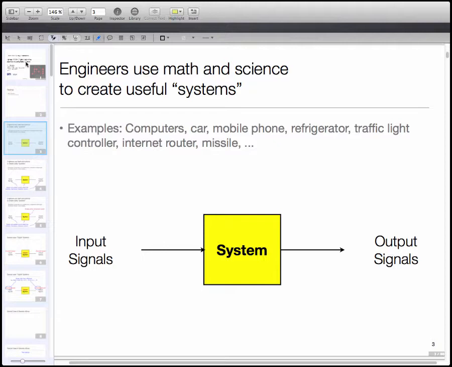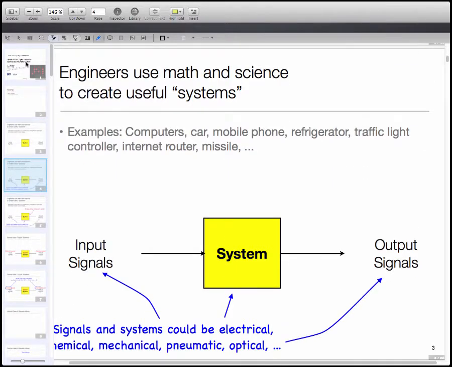Civil engineers do a different thing than computer engineers, than mechanical engineers, and so on. The signals going in and out, and the system itself, could be realized in many ways: electrically, chemically, mechanically, pneumatically, with air pumping, optically, and so on.